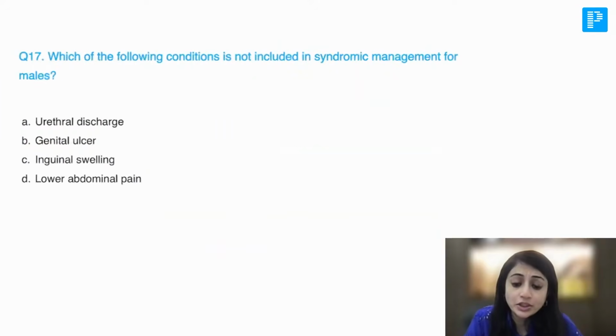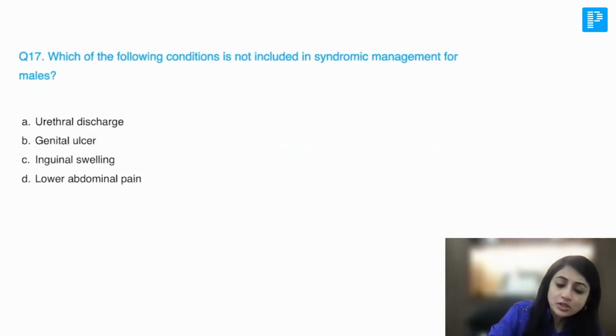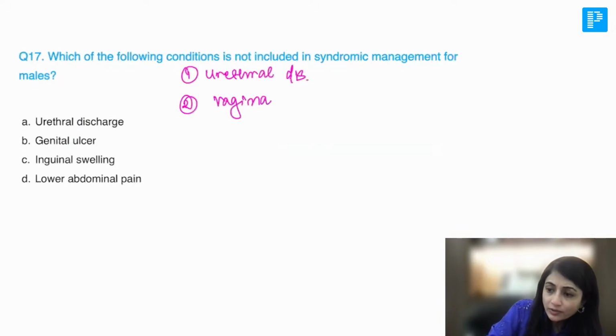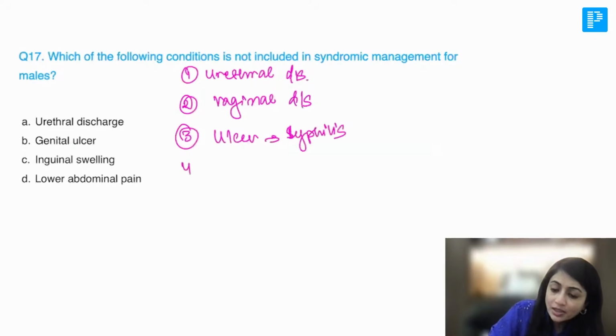Which of the following conditions is not included in syndromic management for males? So we know in STIs, you should know about all the syndromic managements. There are different syndromic managements. First is for urethral discharge. Second is for vaginal discharge. Third is for ulcer, which is for syphilis. Fourth is ulcer syphilis, which is benzathine penicillin intolerant.